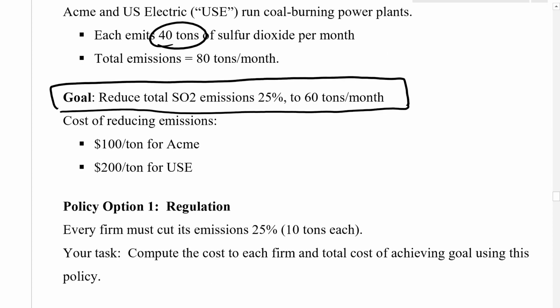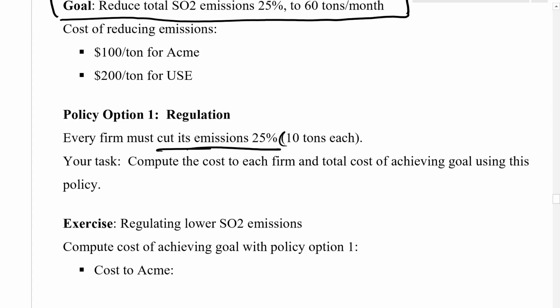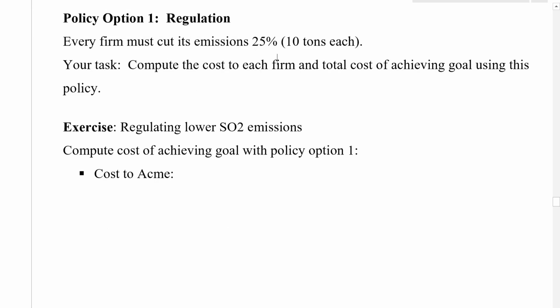So the first option is a regulatory situation where both firms have to cut emissions by 25%. So they're starting out with 40 each. They need to cut 10 each. So we're going to compute the cost of that pollution abatement. And let's start with Acme.